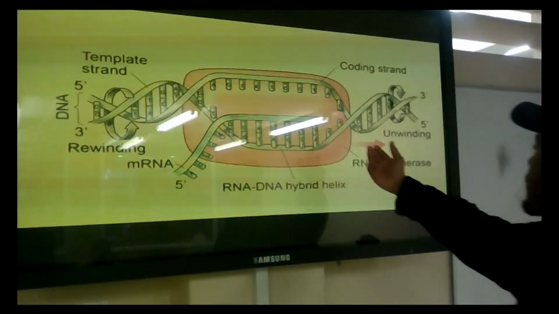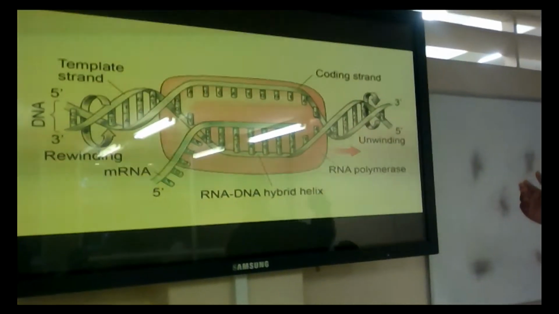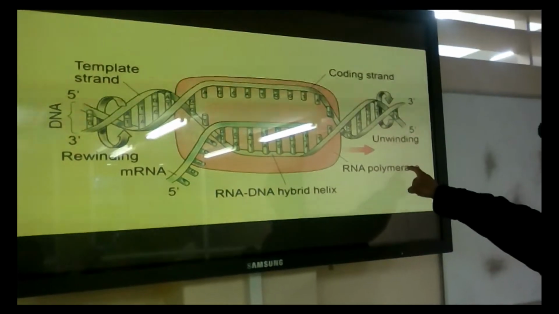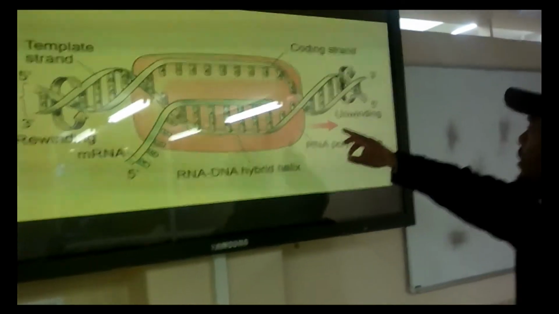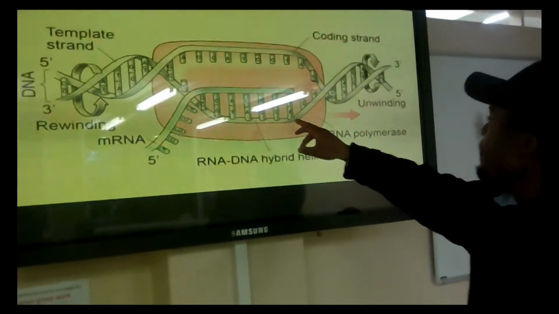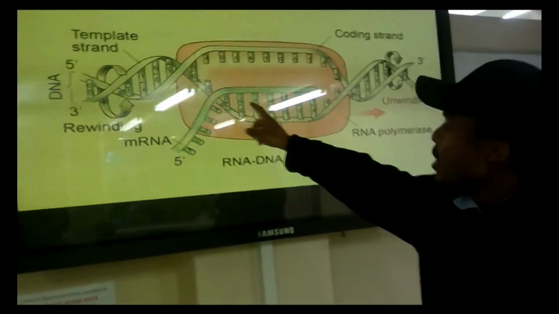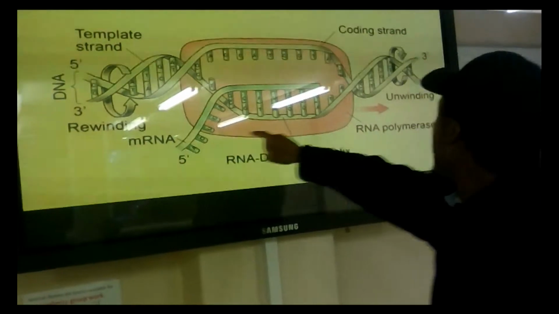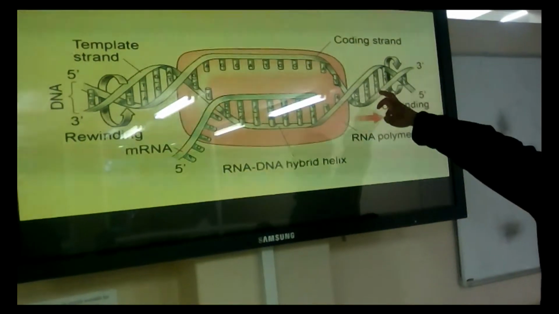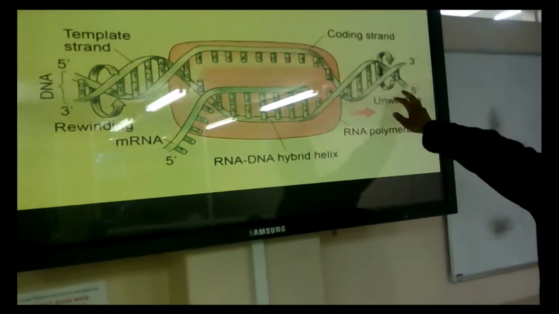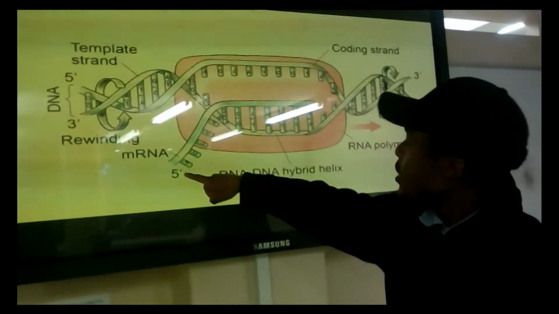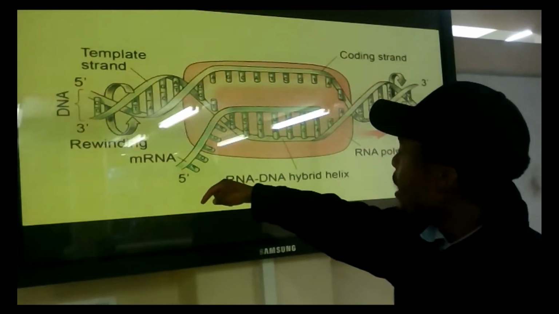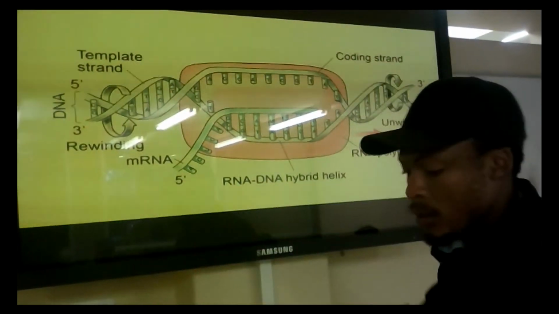You see the RNA polymerase attached to the promoter, and then the mRNA is formed. By the way, this DNA is unwound, it doesn't matter here. And then you see the 5' end of the mRNA moving out.